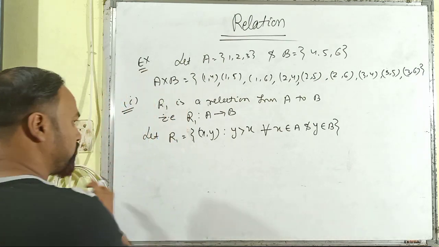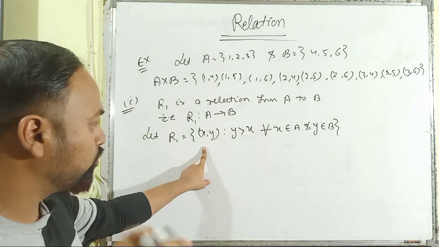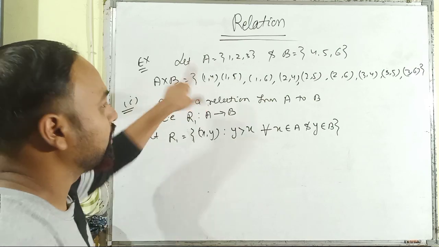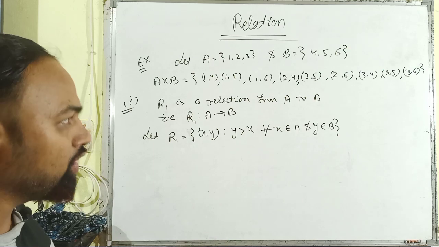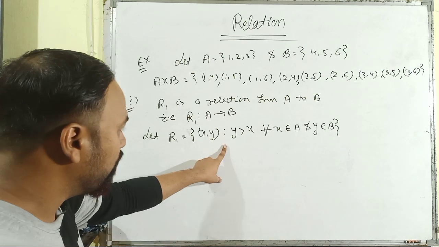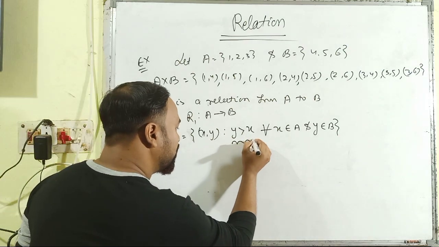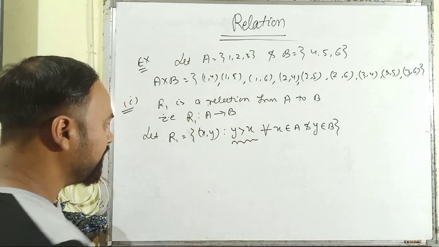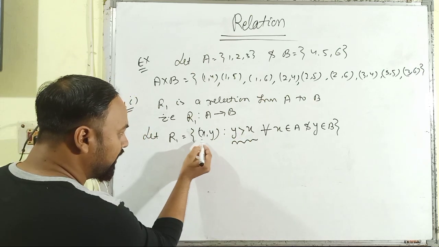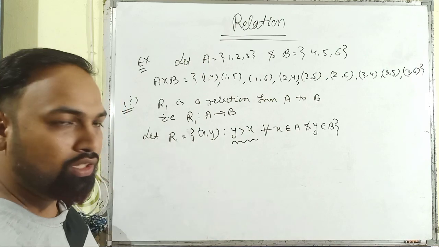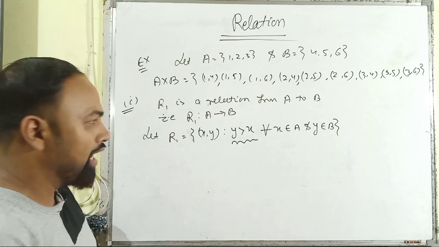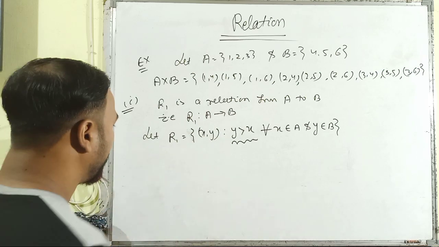Then we have to collect those ordered pairs from the Cartesian product which obey this rule. What is the rule? y is greater than x. That means the second component is greater than the first component. Those ordered pairs which satisfy this condition we have to collect in the set R1.